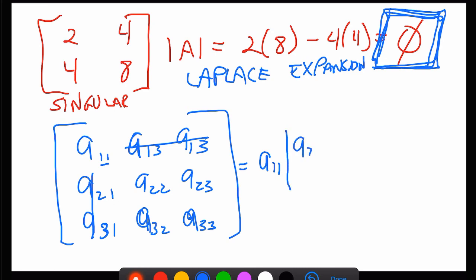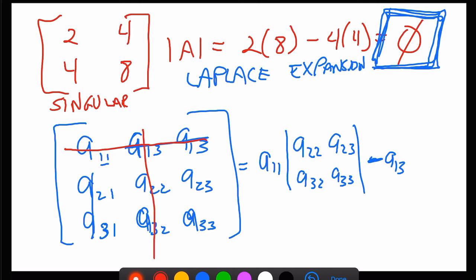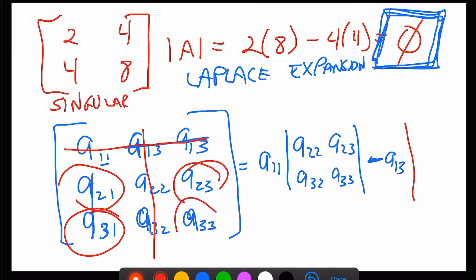I'm going to multiply A11 not by some number from my matrix, but by the determinant of that matrix. And then I'm going to subtract A12. Again, I eliminate the row and the column, and I build a matrix from A21, A23, A31, A33.